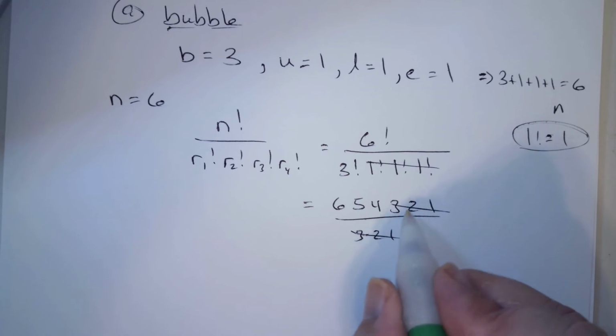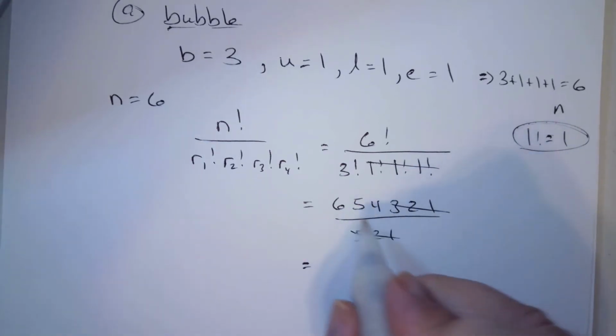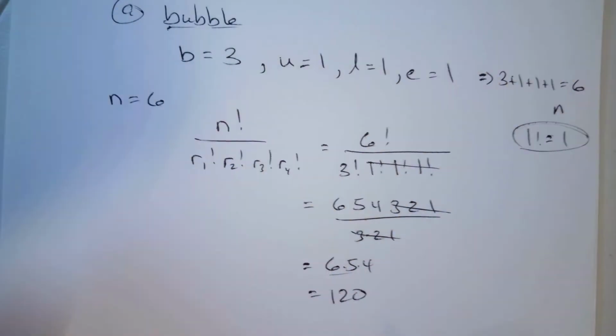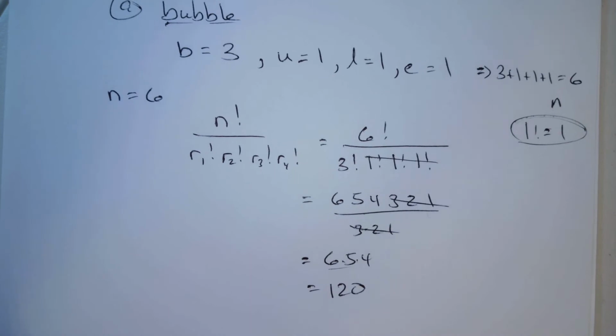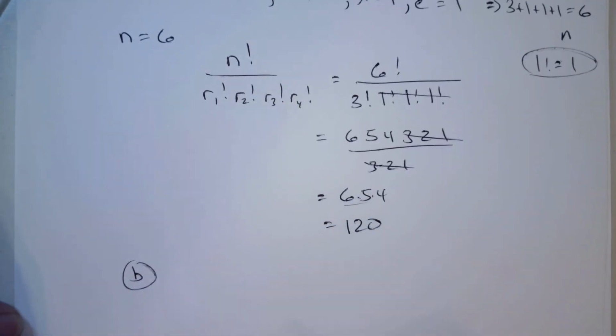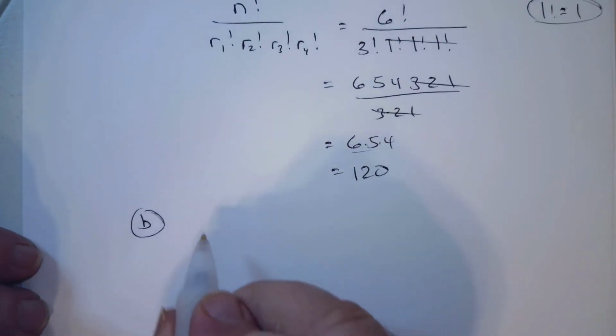Remember, you can never have a denominator, so those cancel. 6 times 5 times 4 is 120 different ways. Let's look at the next one.